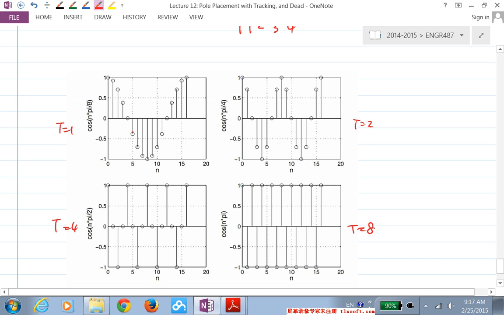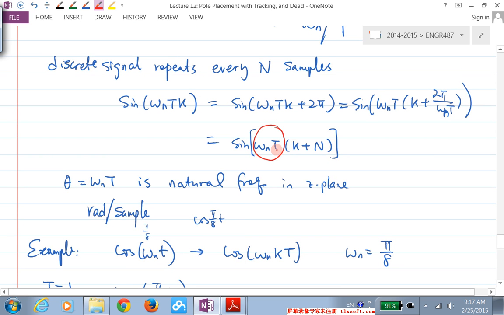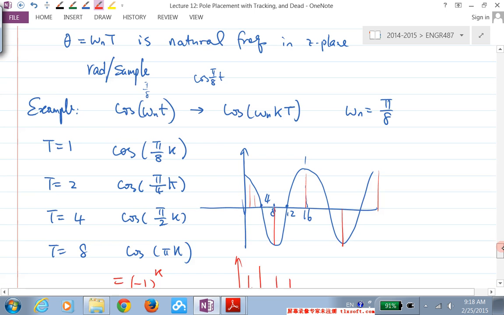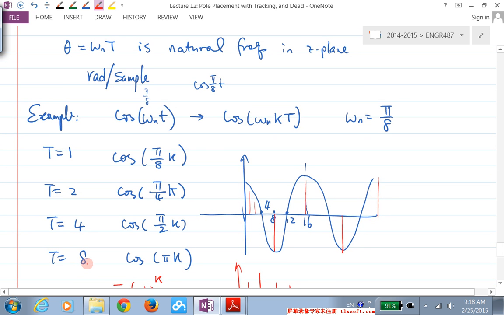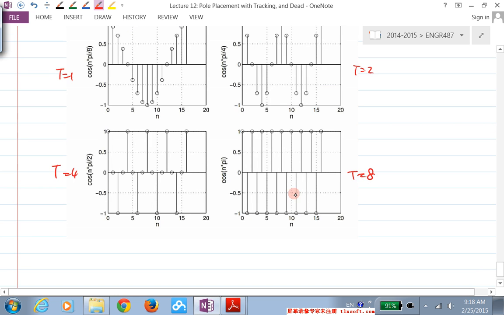But here what we're talking about is the natural frequency of the discrete signal, which is omega n t. In this case, omega n is pi over 8. Then at a different time instant, you have a different frequency, and the frequency is the highest when theta equals pi.